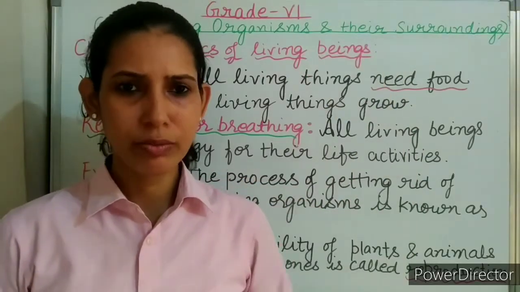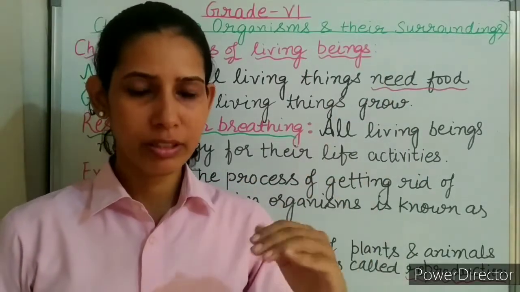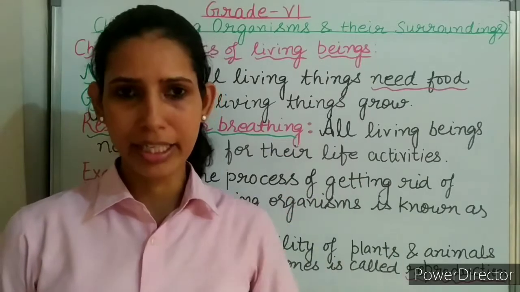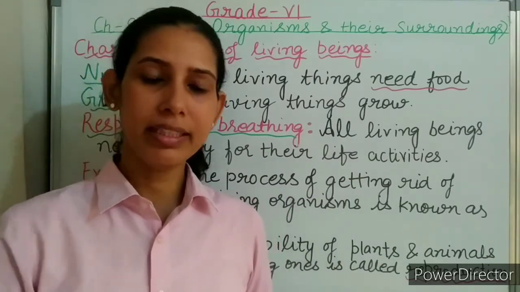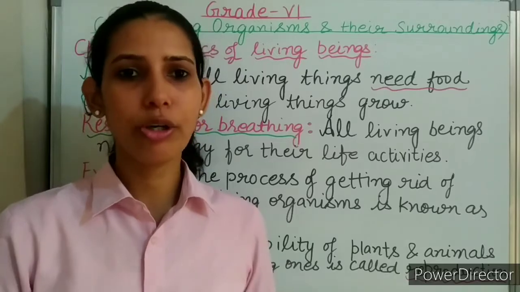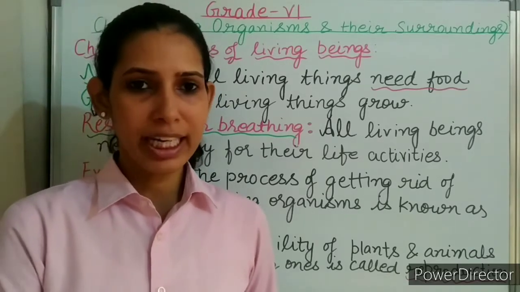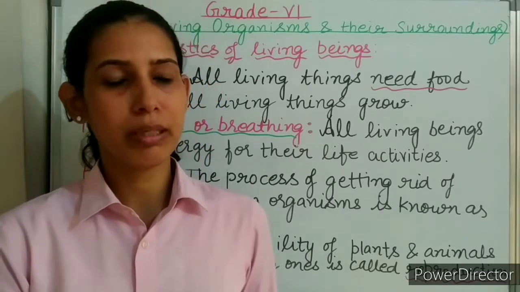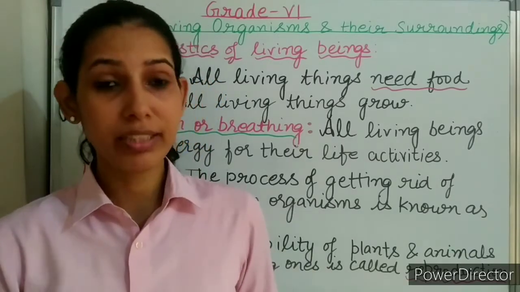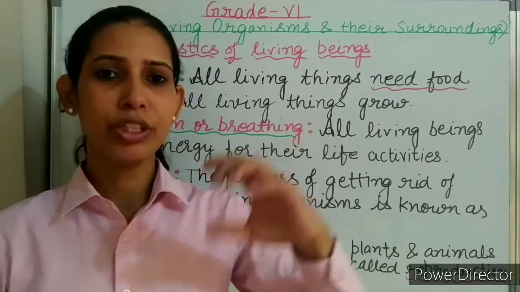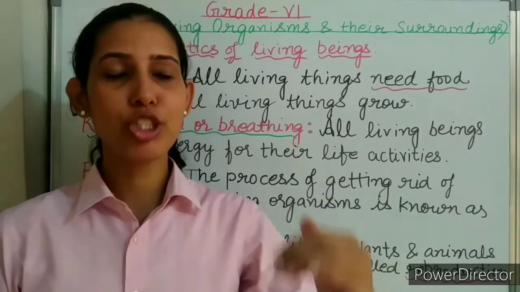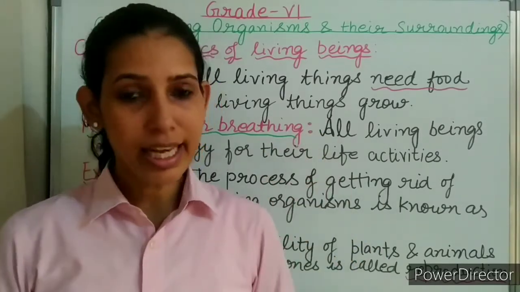Then what is the difference? The building is growing in height, but for this we are adding things externally. The building is not growing on its own. We are using things like cement, sand, bricks, etc., and human labor, because of which the building is growing in size.